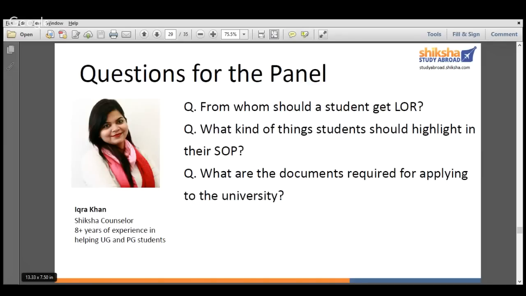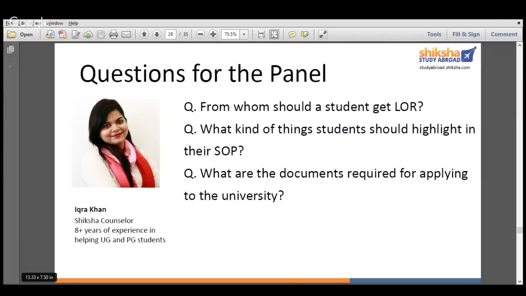So a student should ideally pick someone as their recommender under whom they have worked on an assignment or a project, who knows them closely academically in terms of the academic work they have done, because only that person can favorably highlight your knowledge and skills in the relevant subject areas. So you should choose someone as your recommender who can actually tell the university your skills, your knowledge, and your expertise in that subject area which you are planning to study.